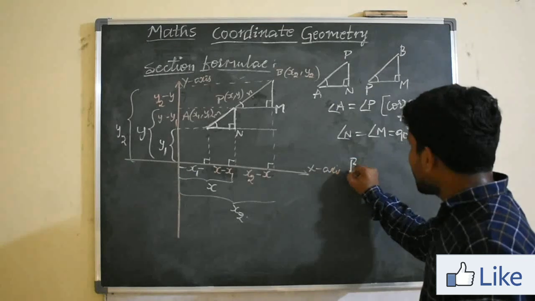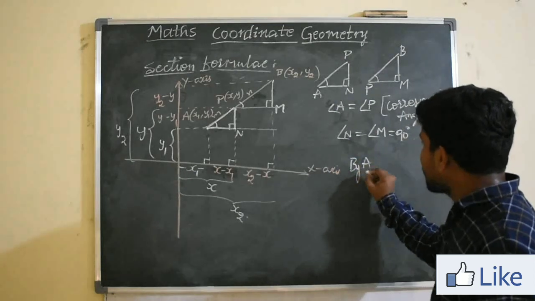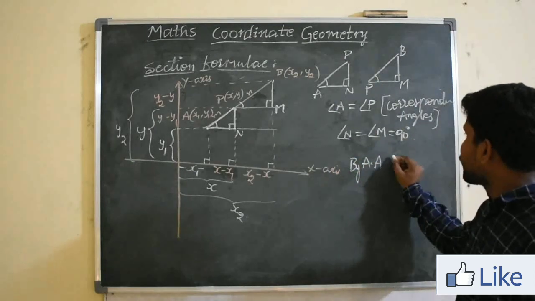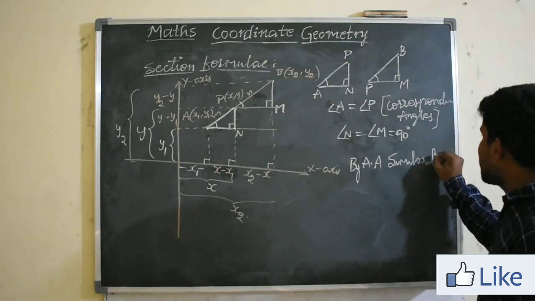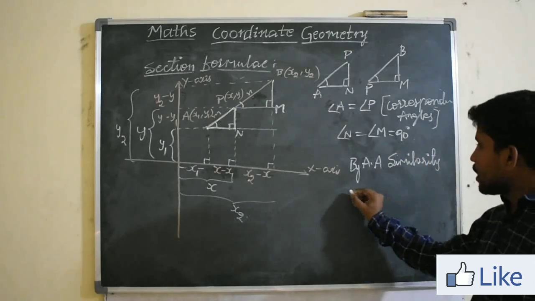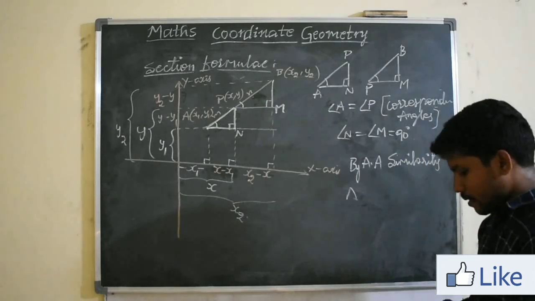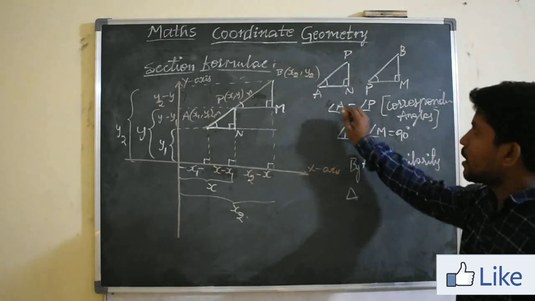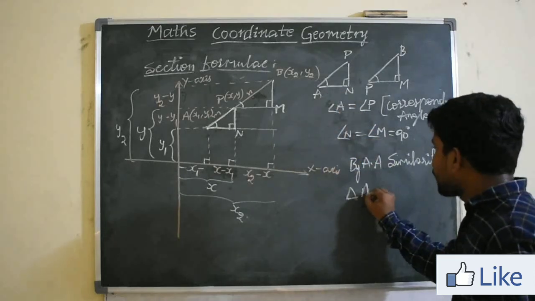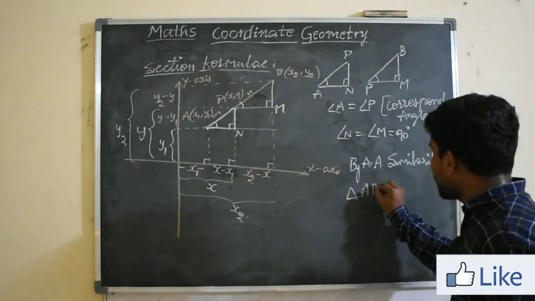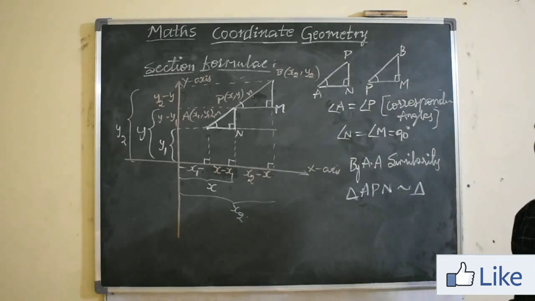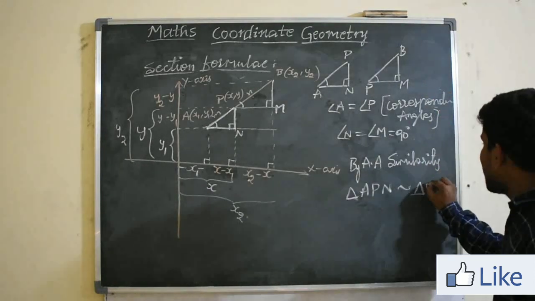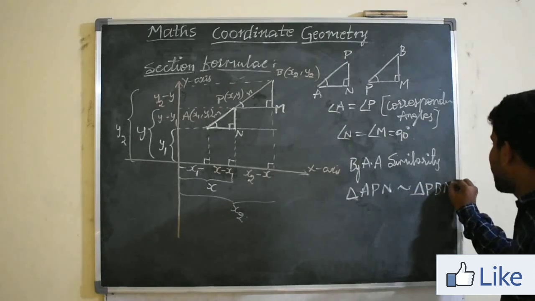So by AA similarity, we can say this triangle APN is similar to triangle PBM.